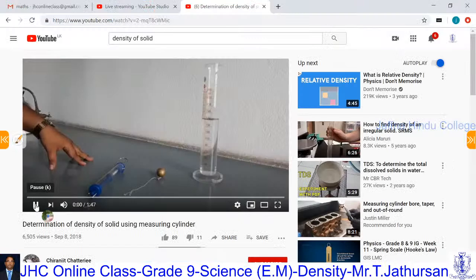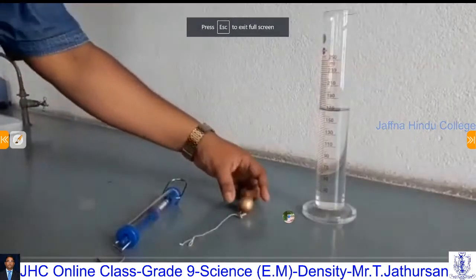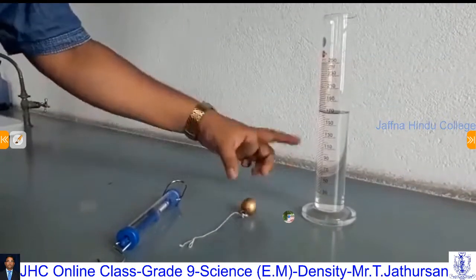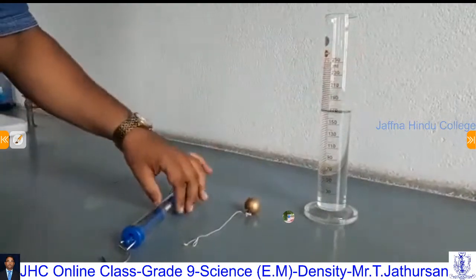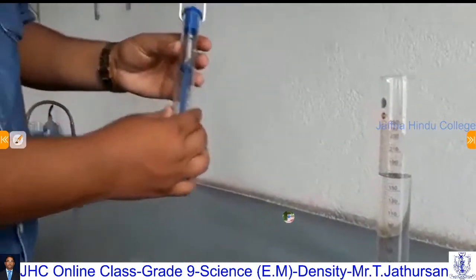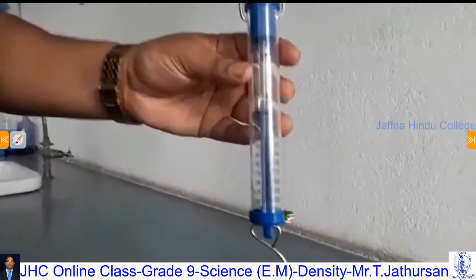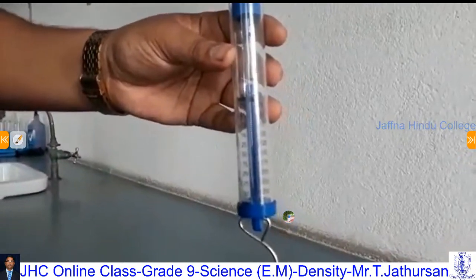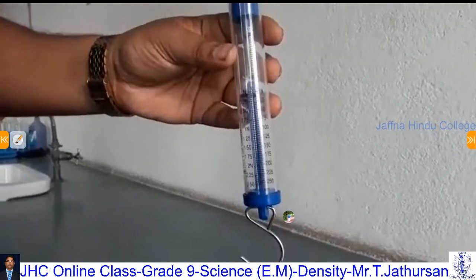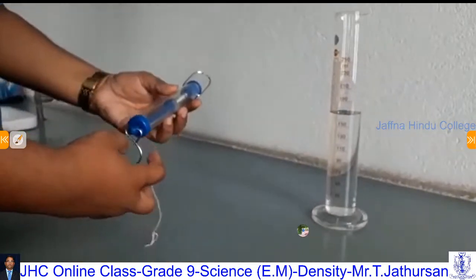Next, the experiment is to measure the density of a given irregular object which is heavier than water, using a spring balance and measuring cylinder. We can see the calibration of the spring balance. Each division is 5 gram. Use a spring balance, a stone, a piece of twine, a measuring cylinder and water. Now, we know density equals mass by volume.